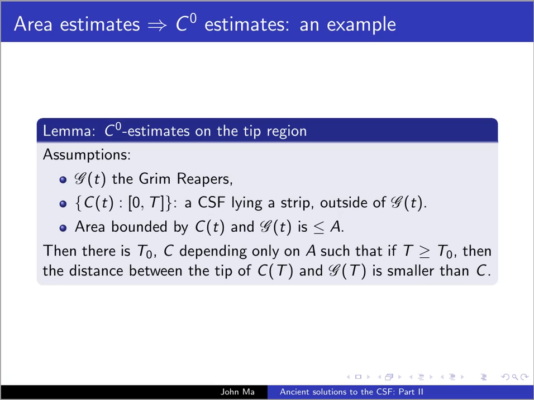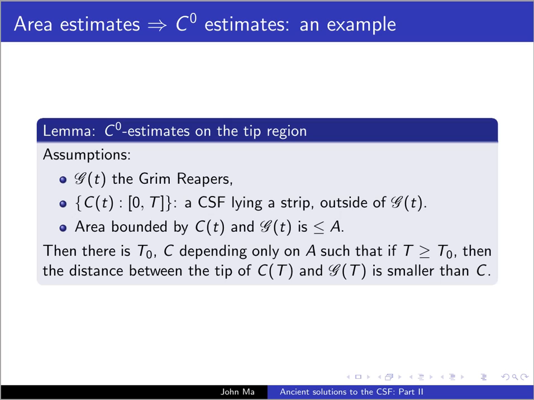Let G_T be the grim ripples, and let C_T be any curve shortening flow lying in a strip that is a little bit bigger than the one containing the grim ripples, but C_T is outside of the grim ripples. Also let's say we know the area between C_T and G_T has a uniform bound A. Then the following holds.